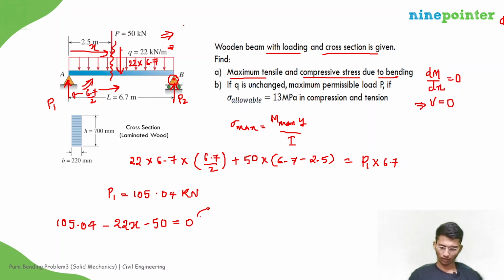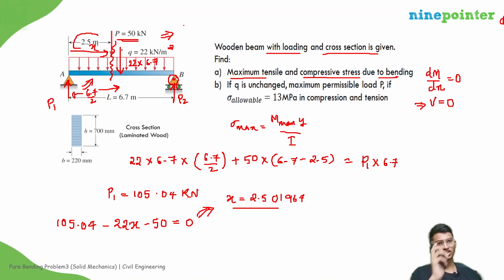So from this we get x is equal to 2.501967. Means it is just right to the P equal to 50 kilonewton because that is at distance 2.5, just right to the P.